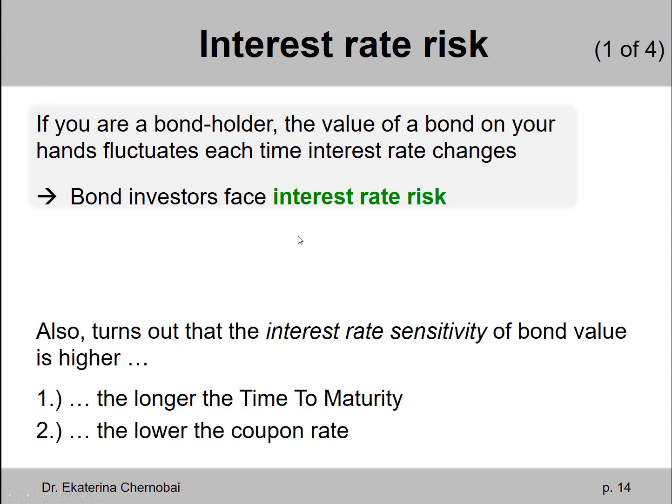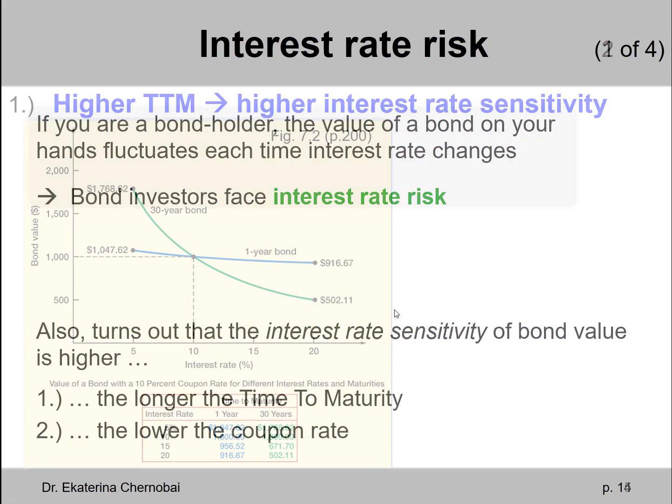Turns out that when you buy bonds, so now you're a bondholder, you own bonds, your bond value will be going up and down, and will fluctuate significantly more if the bonds that you hold have a longer time to maturity, or if they have a lower coupon rate. So let's see what's the intuition behind these two factors that affect the interest rate sensitivity of bond value.